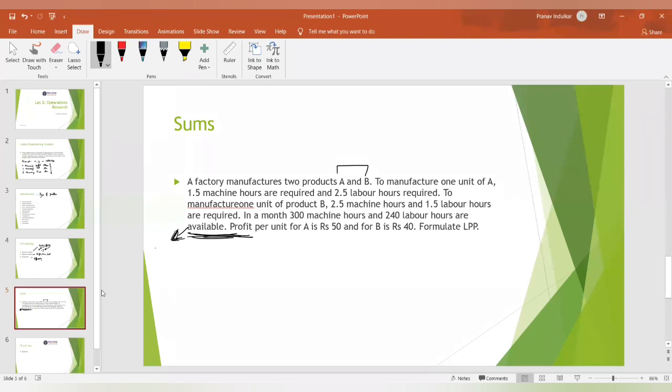Okay, so now let's begin with the problem. I believe the concept is very much clear to you. Always when we start the problem, we start with decision variables. So here we write decision variables.